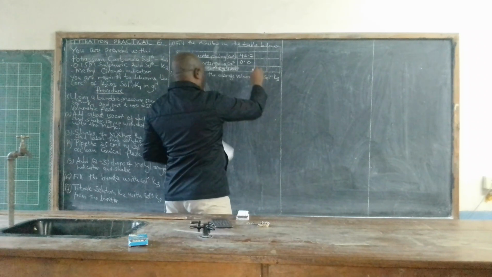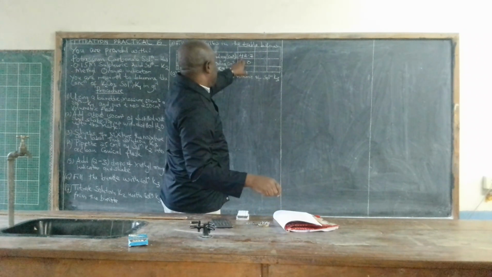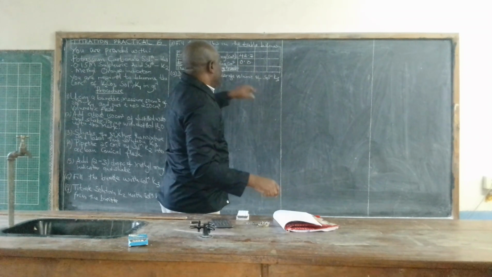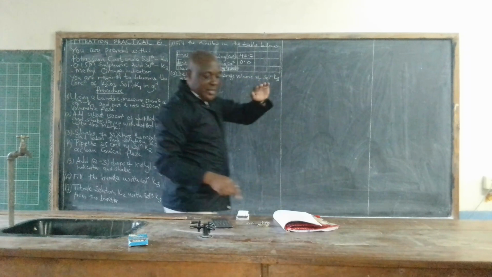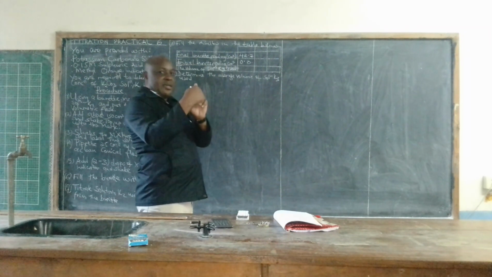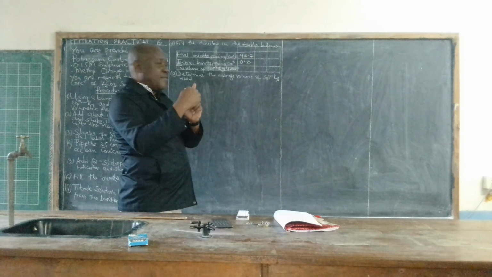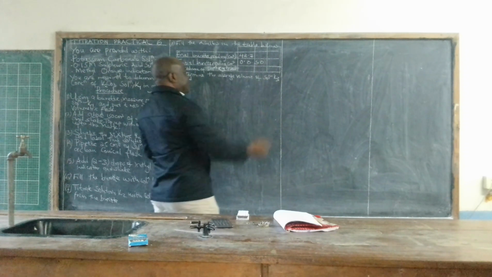It changed at this mark, 42.7. Then we are going to refill the burette. Let us say we have refilled the burette up to the mark of 5. So we come here and write 5.0.